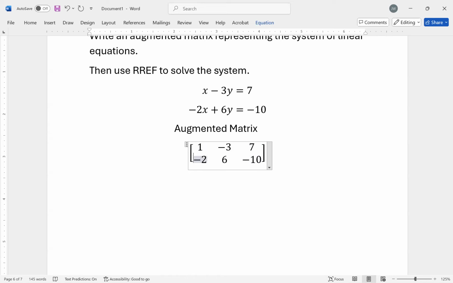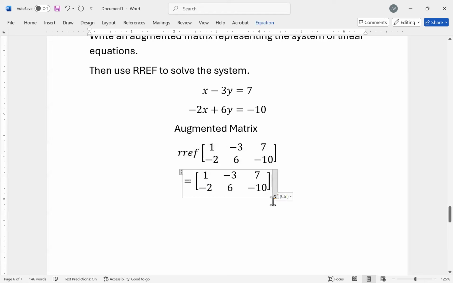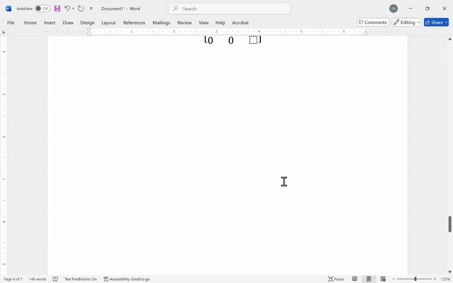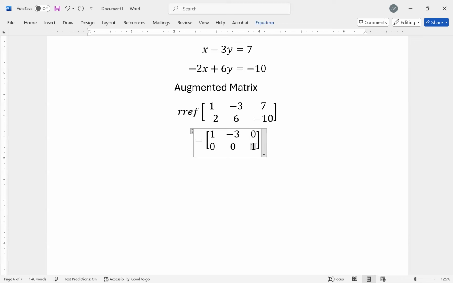Now I'm going to take the row reduced echelon form of that augmented matrix. I'm going to do it with my calculator. So I end up getting 1, -3, 0. And then in the second row, I get 0, 0, 1.